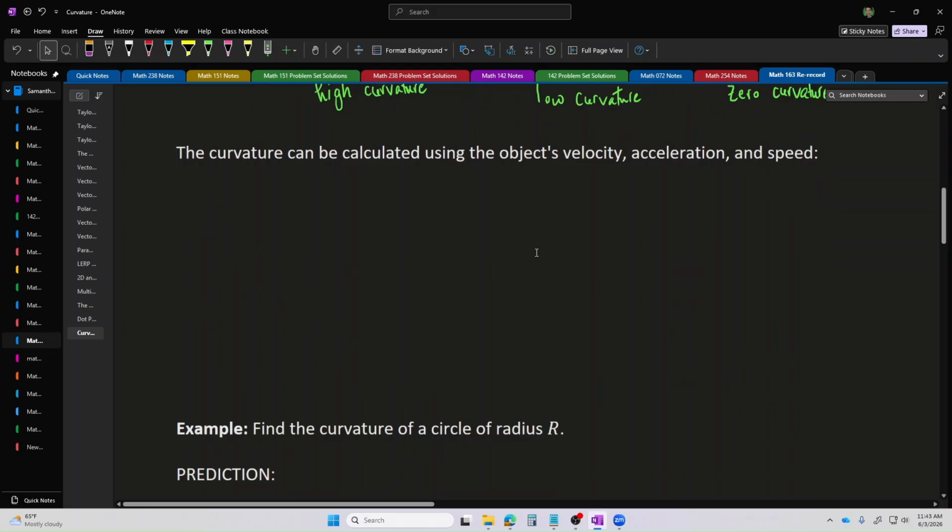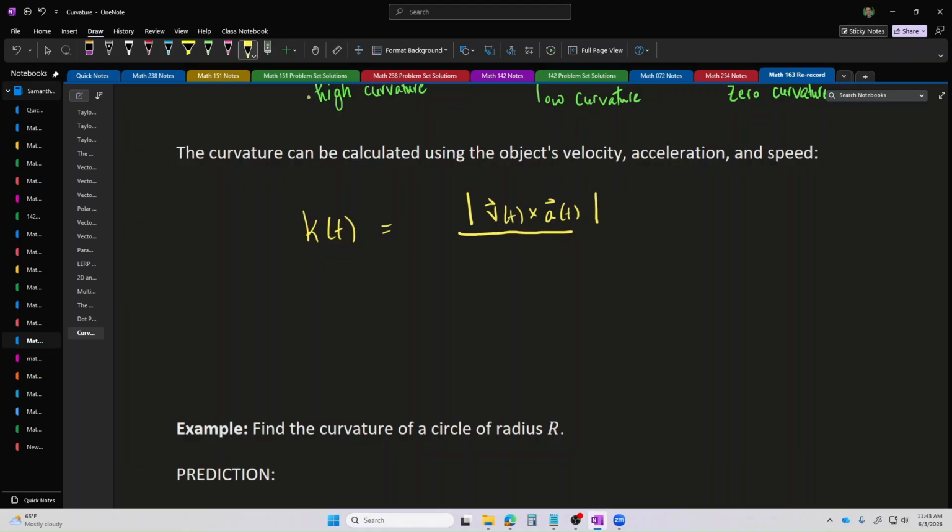Now, one way to find curvature is to use a combination of the object's velocity, acceleration, and speed. Specifically, the curvature can be calculated by taking the cross product between velocity and acceleration, then taking the magnitude of that cross product, and then dividing it by 3 copies of the function's speed, dividing it by the speed cubed.